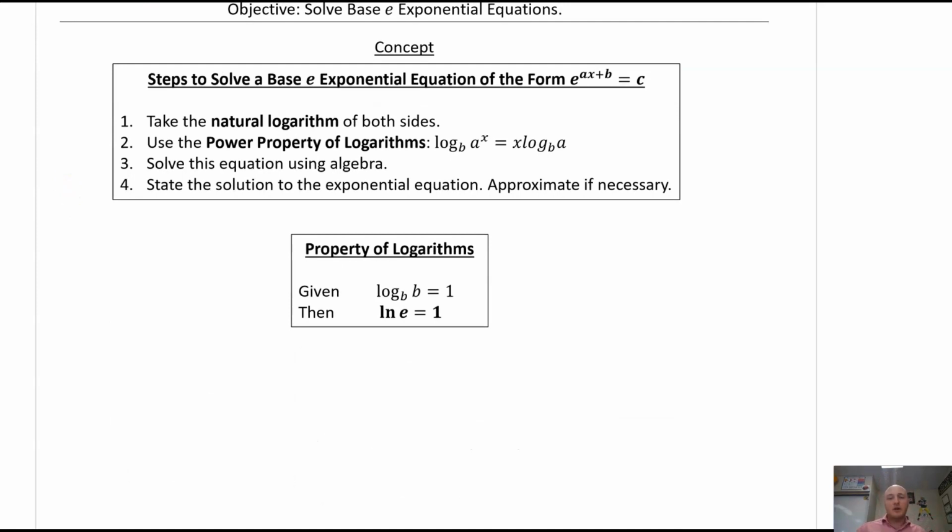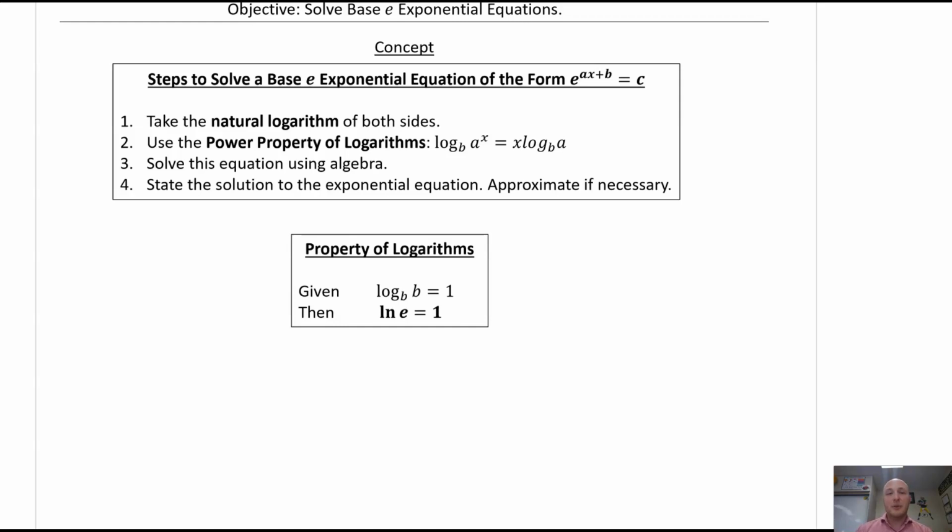So how are we going to go ahead and solve base e exponential equations? Our first step, well, I guess before even step 1, is to isolate an exponential base. I need to have an exponential base by itself, and then I can utilize the natural logarithm of each side. We're specifically utilizing the natural logarithm because we're using base e exponential equations today.